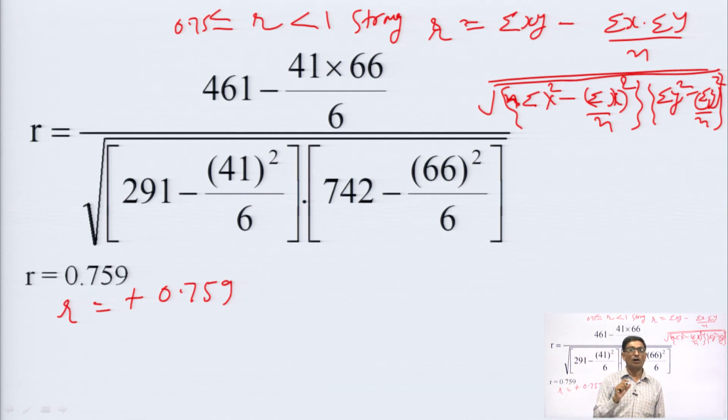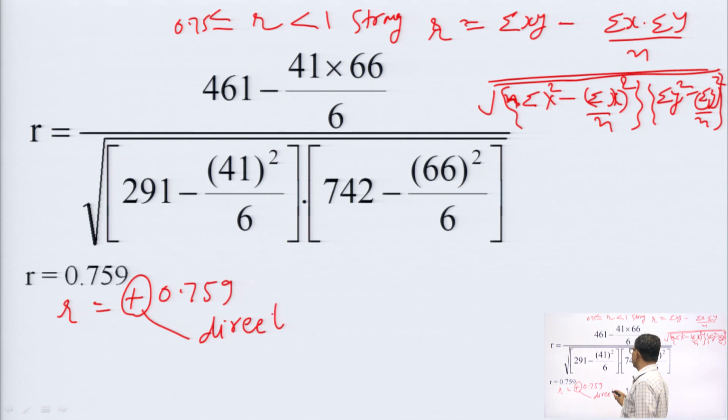The value of r tells us it is a strong correlation, and the positive sign shows it is a direct correlation. So, it shows that as the age increases, the weight will also increase. So, this is the correlation coefficient for this data.